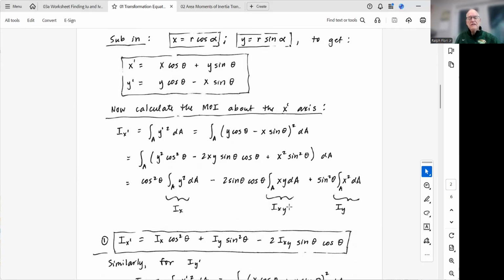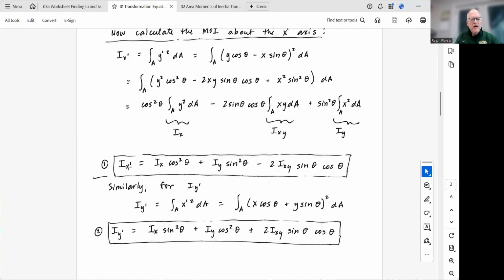And we did this a couple classes ago to show you why we care about product of inertia. It showed up when we did this derivation. And so that leads to this equation for what I call the cosine squared, sine squared equation, or Ix prime at some angle theta.